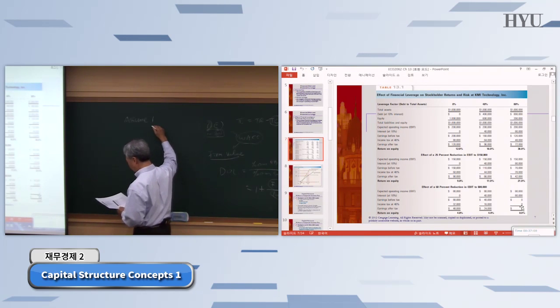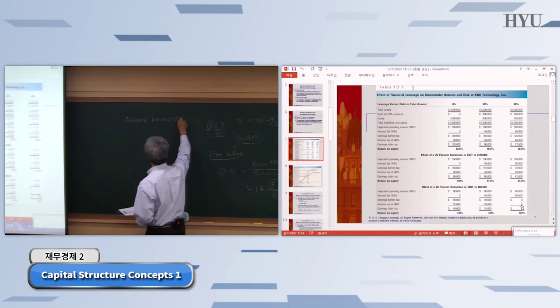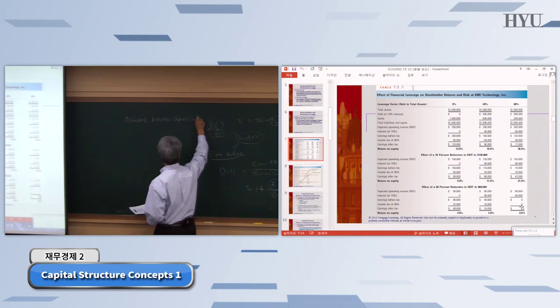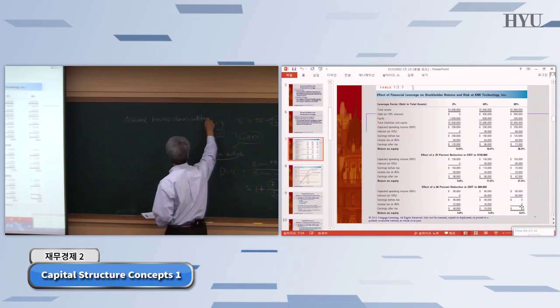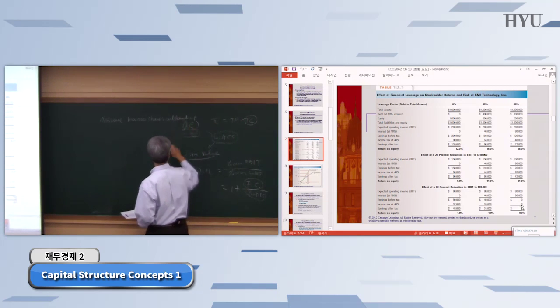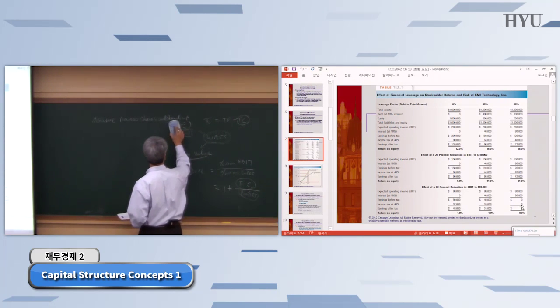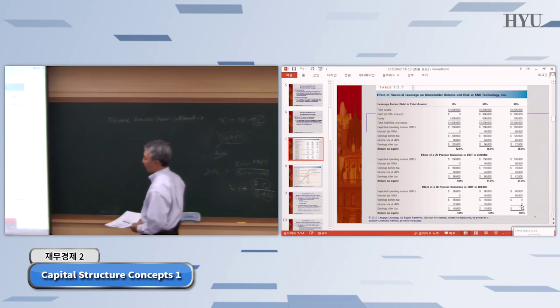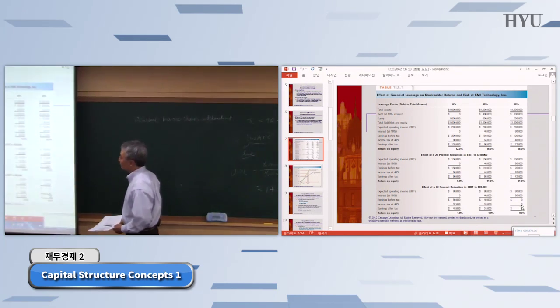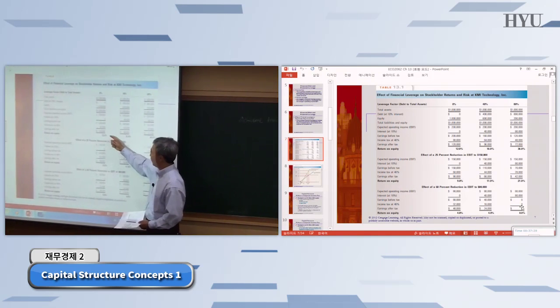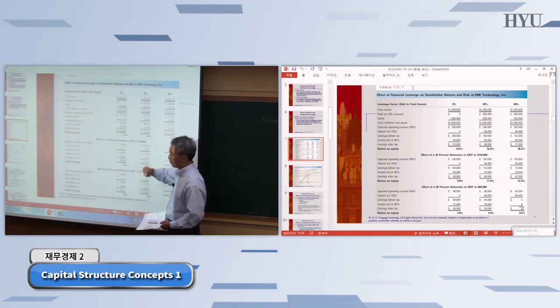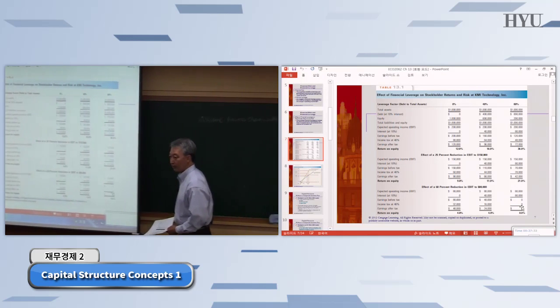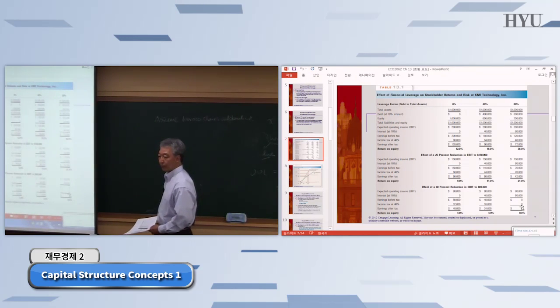100,000 shares outstanding. Then you divide the EAT by the number of shares outstanding. What are we calculating?